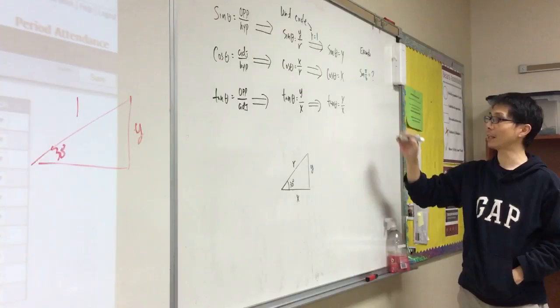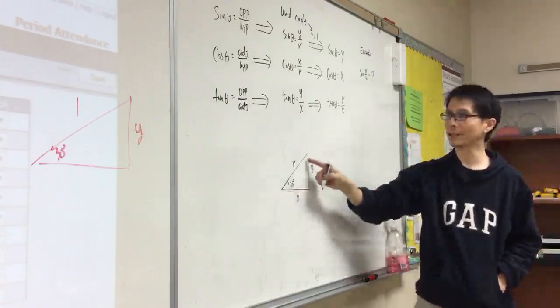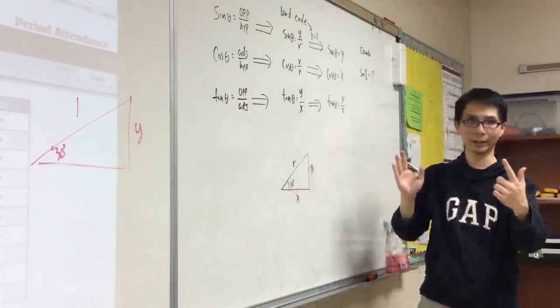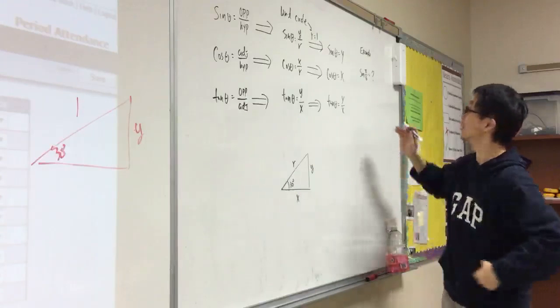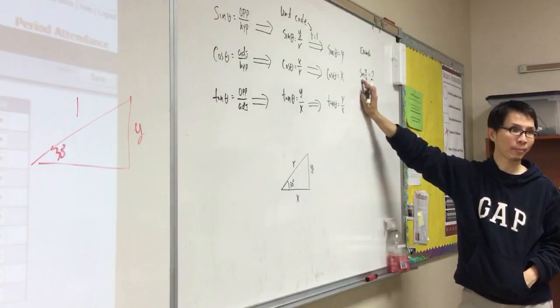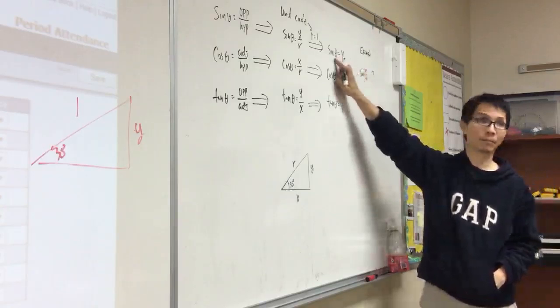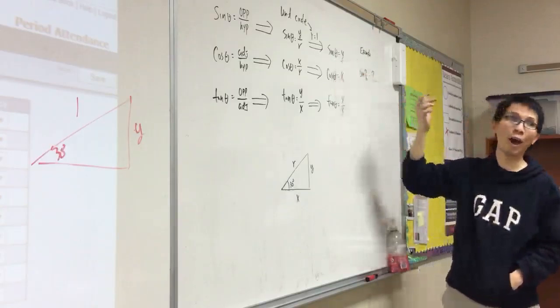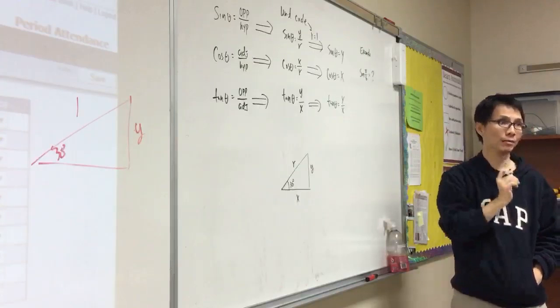So it's a triangle that looks like this, 30 degrees, 60 degrees, a wider triangle. It has more x. But sine is not looking for x. Sine is looking for y. So what is the y value at pi over 6?